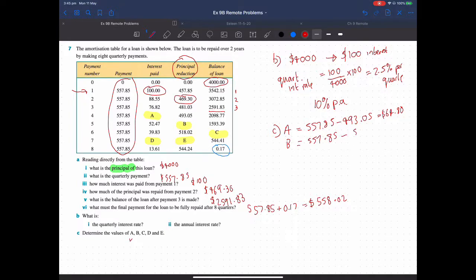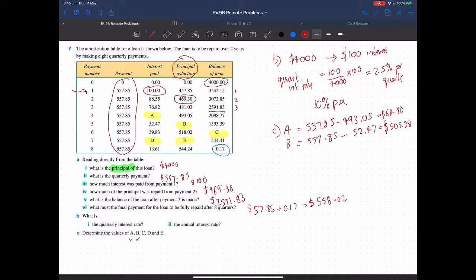The interest is $52.47. That will give me $505.38. I'll tick that one off.